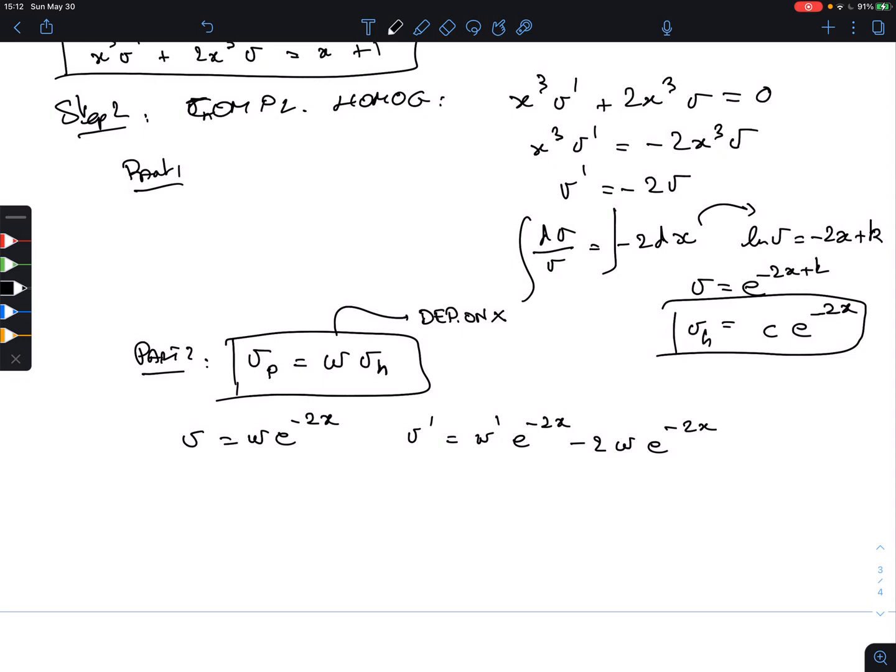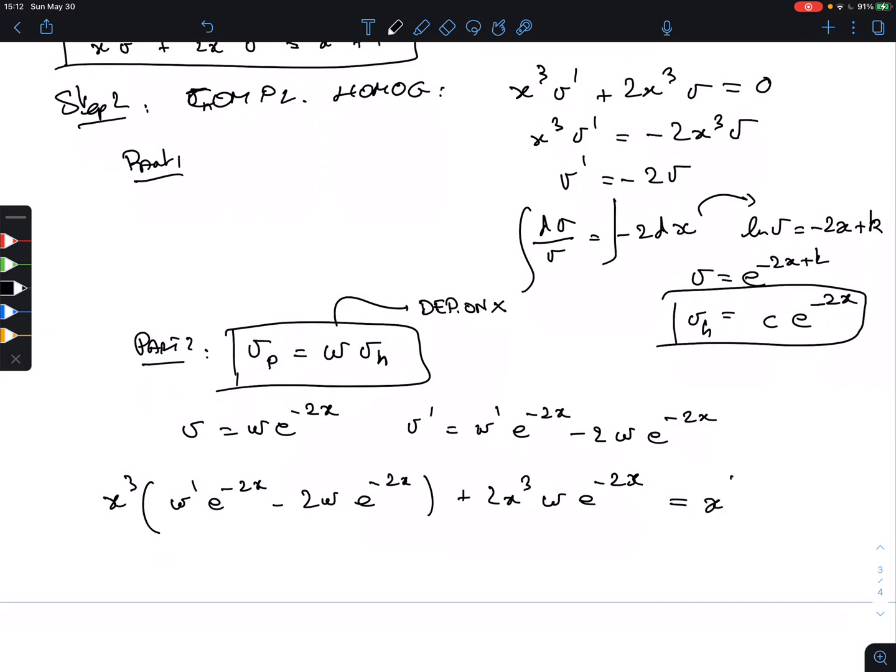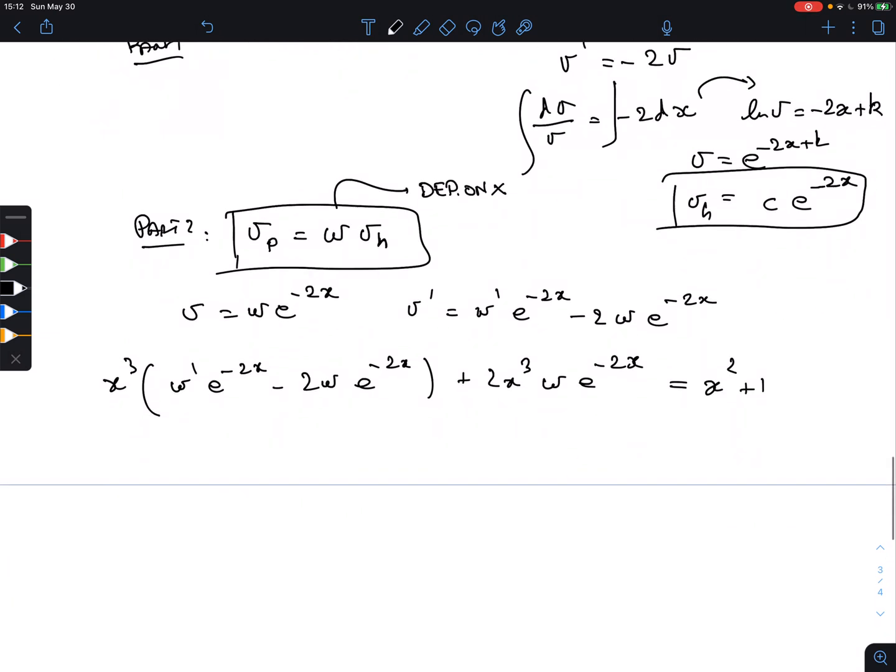We plug that in, we get x cubed w prime e to the minus 2x minus 2w e to the minus 2x plus 2x cubed v, which is just w e to the minus 2x, equals x squared plus 1. So, what do we have?